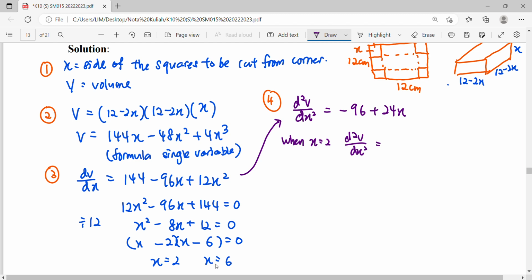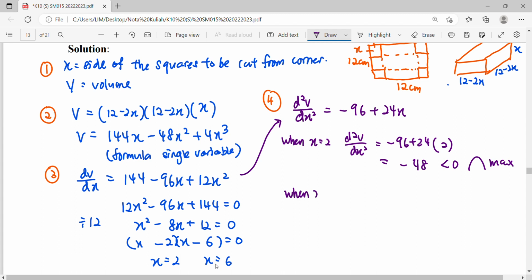You have to show your working because the second derivative test depends on calculation. It gives you a value of negative 48. Once you get your result, you have to justify your answer. Negative, less than 0, so it will be concave downward. So this is the case of maximum.